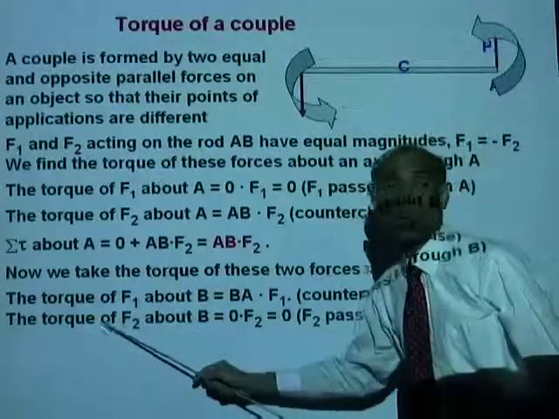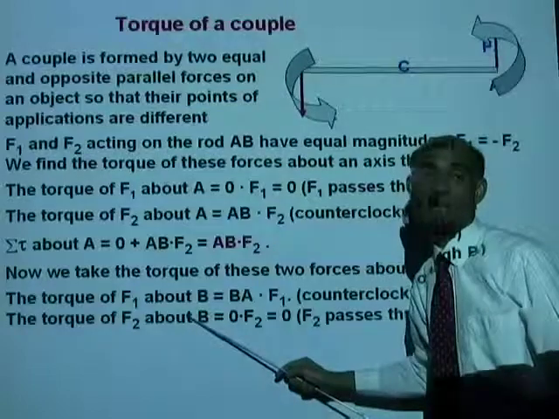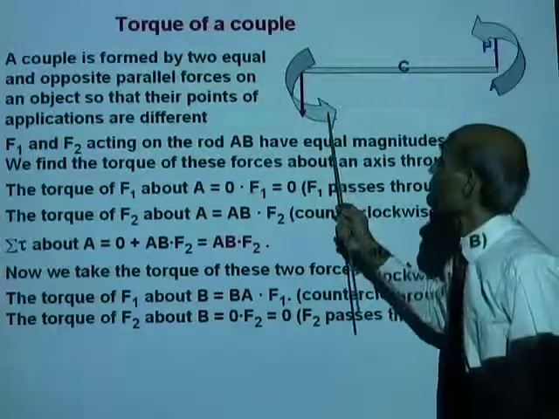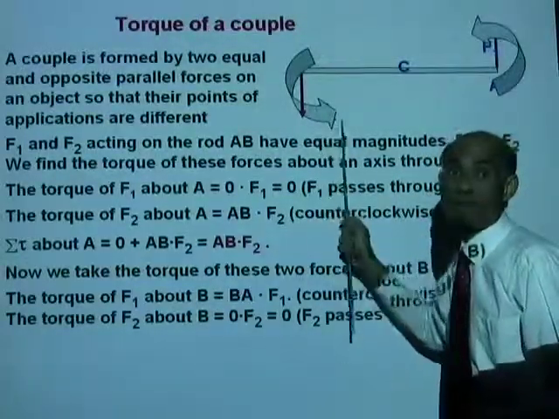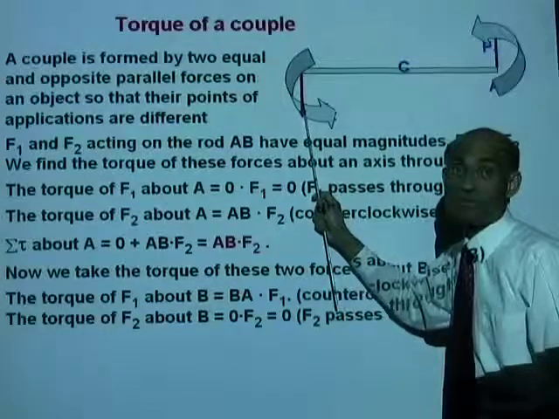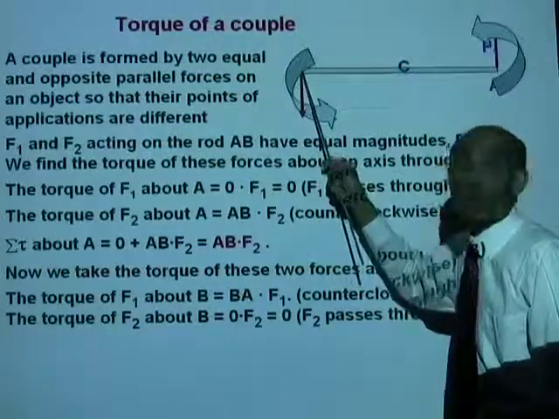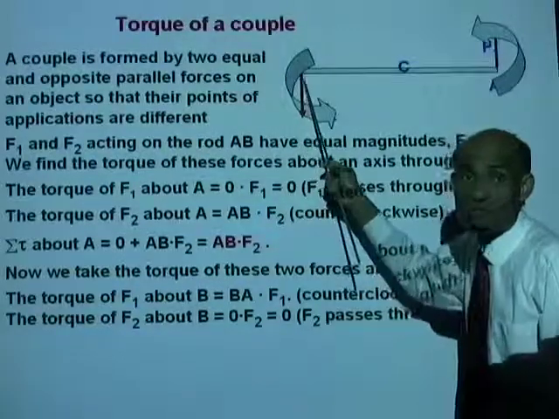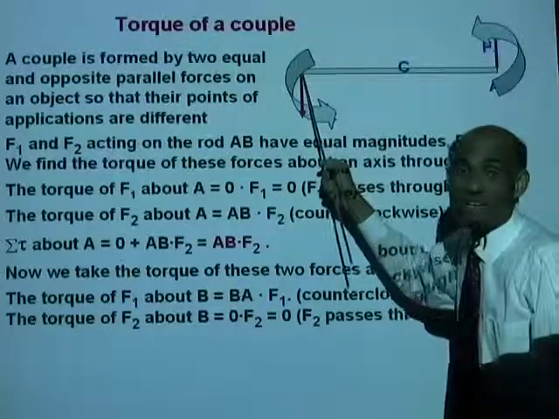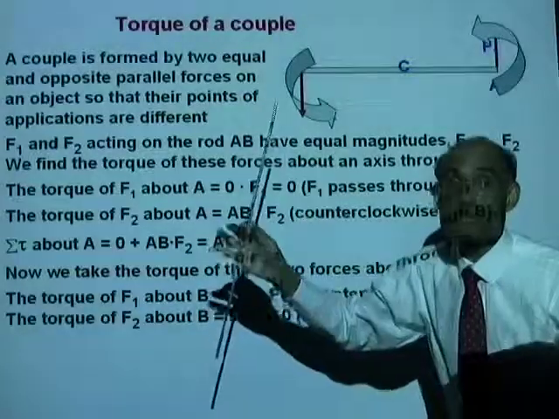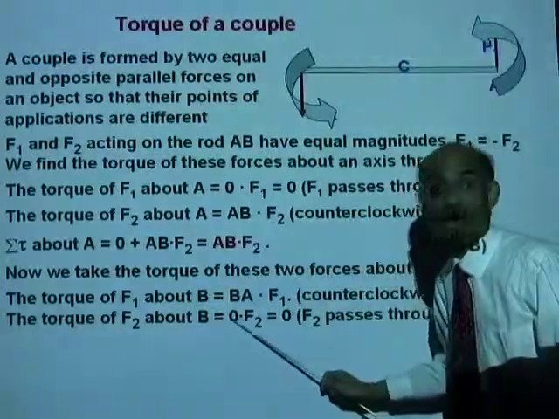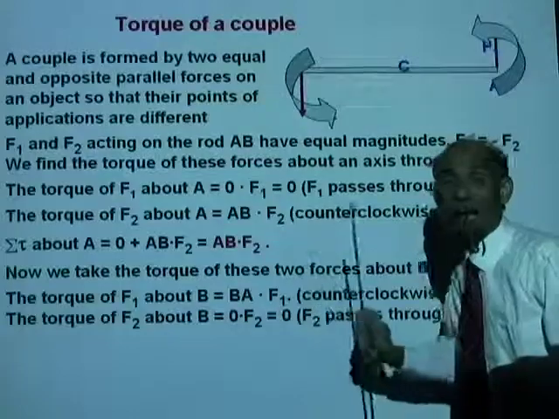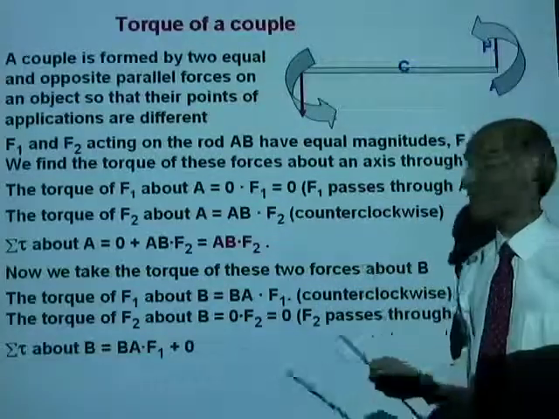How about the torque of F2 about B? This is F2, and this is the point B. What is the torque of this F2 about that point B? F2 passes through B, therefore the torque arm is 0, and that torque therefore is 0.